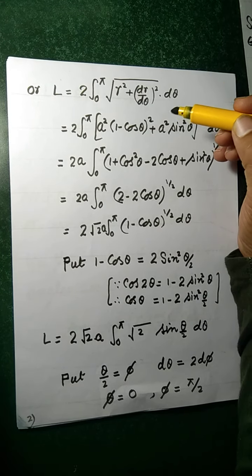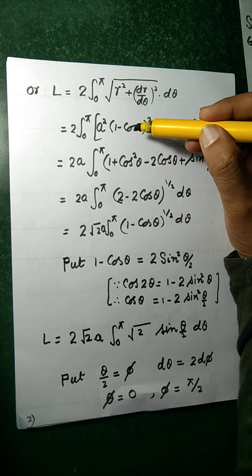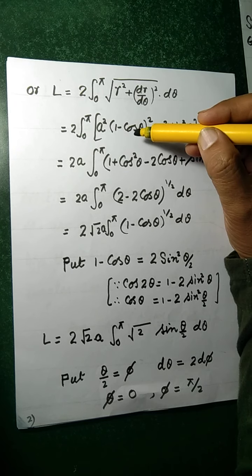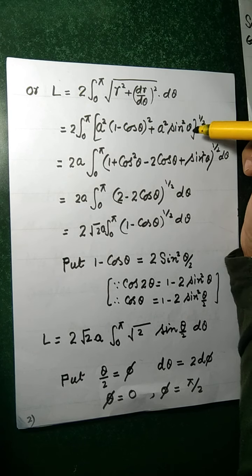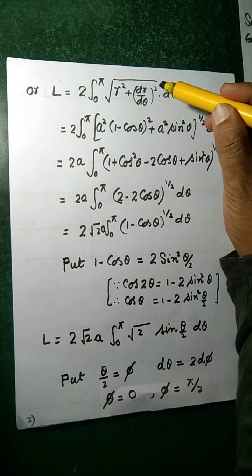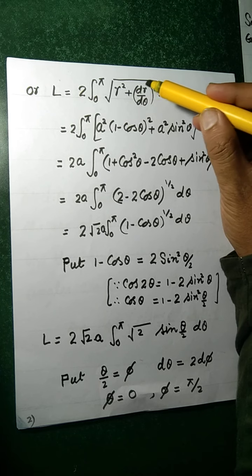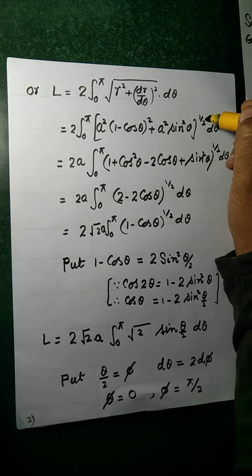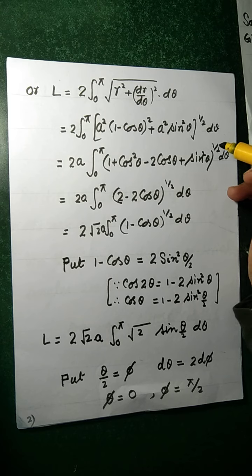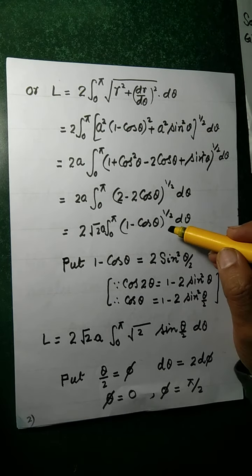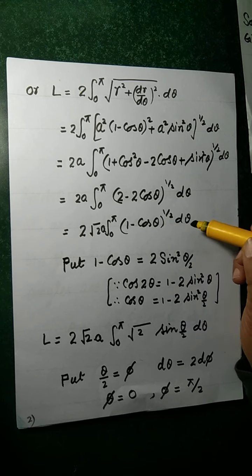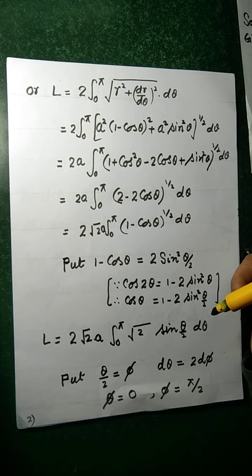After putting all the values, r squared is a squared (1 minus cos theta) whole squared, plus a squared sin squared theta, under the square root, which we write as power 1 by 2. On simplifying, we obtain a times (2(1 minus cos theta)) power 1 by 2 d theta.